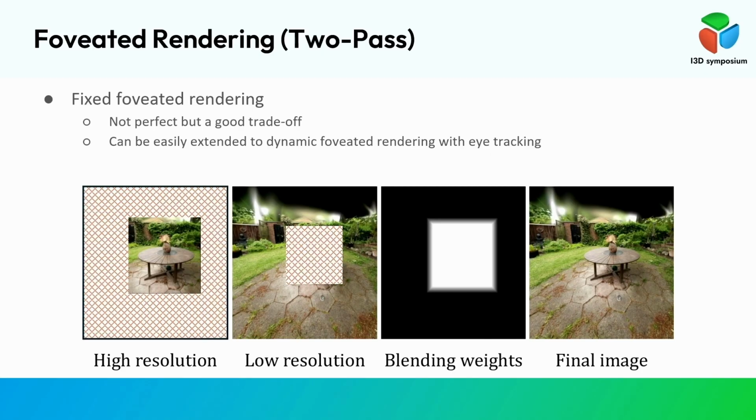First, we render a high resolution near the center of the image, and then we render a low resolution. In this case, we render it at half resolution in each dimension. And we blend them together using linear weights, and we get the final smooth image. However, rendering the same scene twice requires processing the same set of Gaussians twice, and this yields redundant computation.